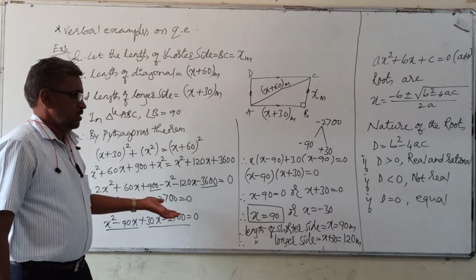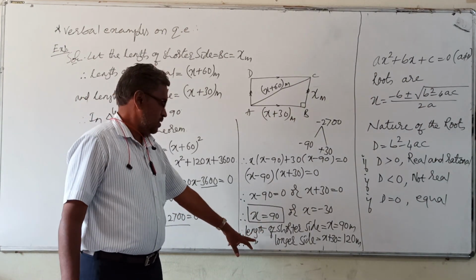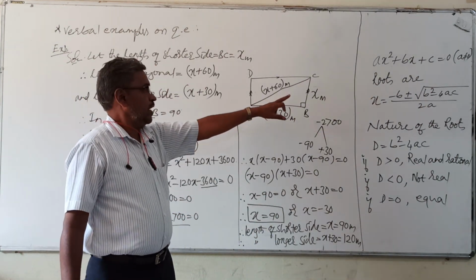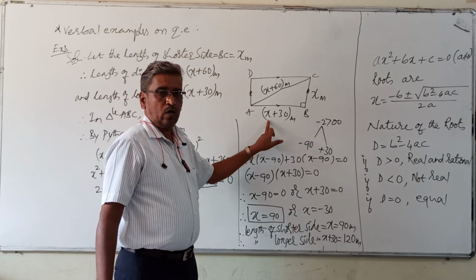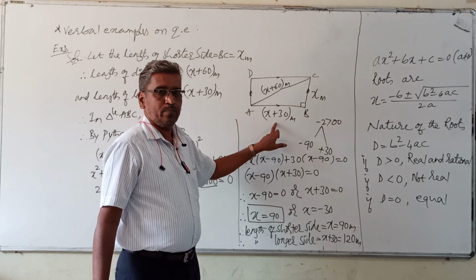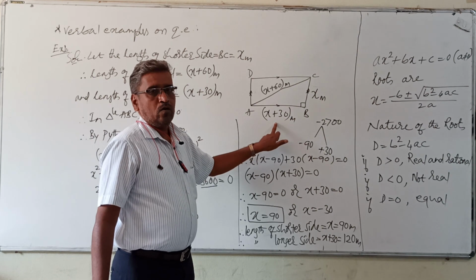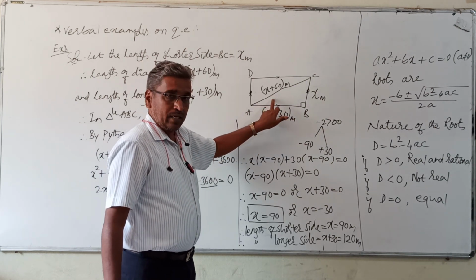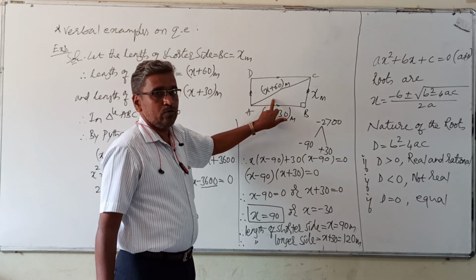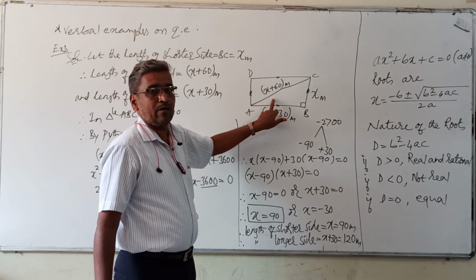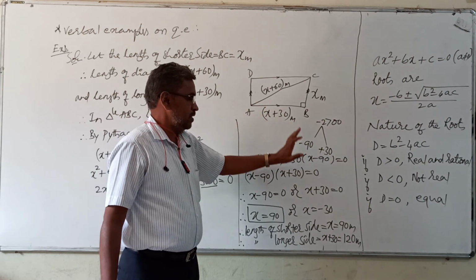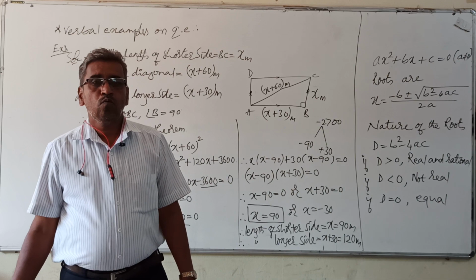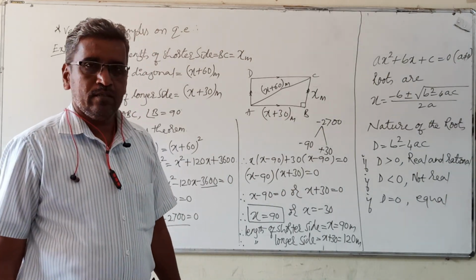That is the example. Means length of the shorter side is 90 meter, length of the longer side is x plus 30, that is 90 plus 30, 120 meter. If they are asking to find the hypotenuse or diagonal of the rectangular field, it is x plus 60, 90 plus 60 is 150 meter. Okay.